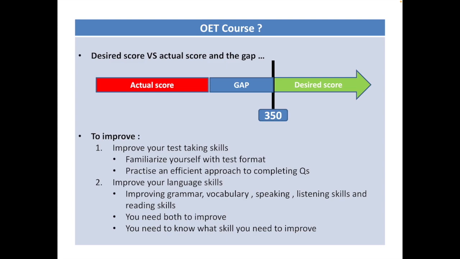You cannot just keep repeating. If you get a lower score than you want, for example, let's say you got 300 or 290, repeating the test over and over again will not increase your score dramatically.